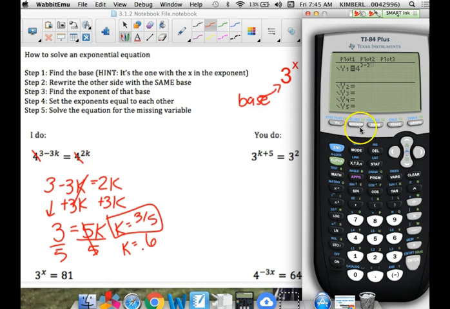Now it wants me to input a k as a variable, but our calculator only knows the variable x, so I'm going to put x. Then I'm going to go down and type 4, raise it to the power of 2k, but I just needed 2x. Okay? So if I type both of these in and I hit graph, we're going to look at two curves and kind of where they intersect.